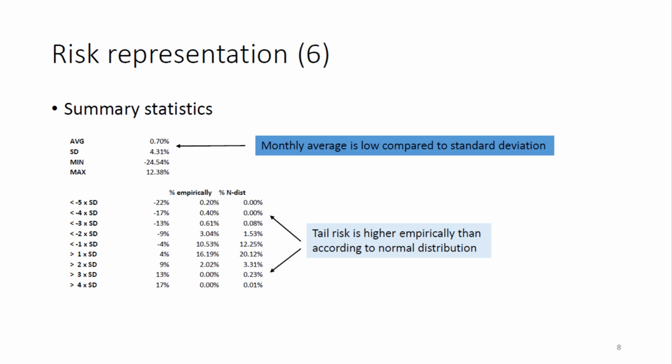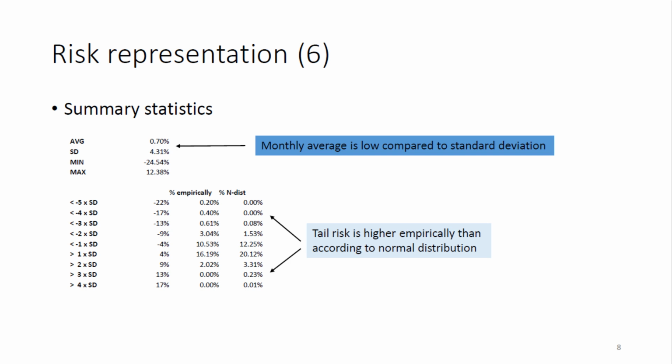What you see is that for the very extreme returns, very far in the tail, the normal distribution function says, well, hey, that will almost not occur. So the probability is 0% for -5 standard deviation, it's 0% for -4 standard deviation, and only if I look at -3 standard deviation, so returns below -13%, then the normal distribution says that's in 0.08% of the cases, whereas in reality it's in 0.61%. So the normal distribution function has far less extreme tails than empirically occurs.